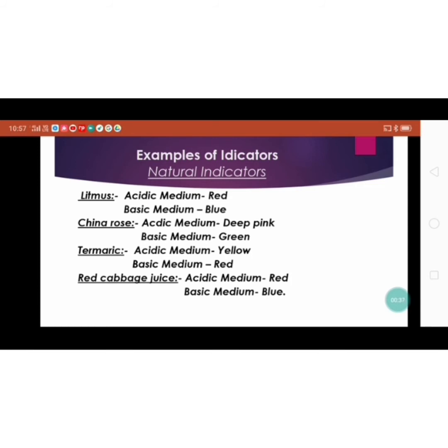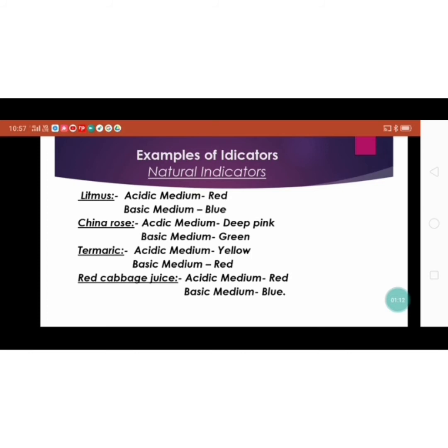The color of turmeric indicator in acidic medium is yellow. That means its color doesn't change when it comes in contact with acidic medium. In basic medium, the color changes to red. That means when we add some bases to turmeric, then its color changes to red from yellow.